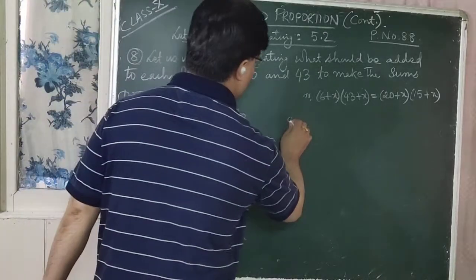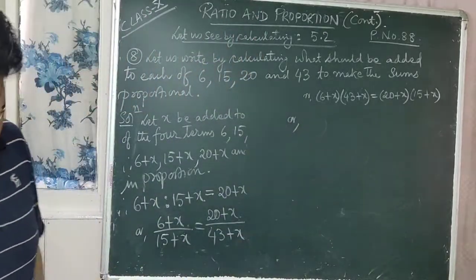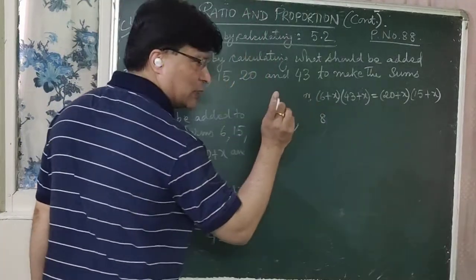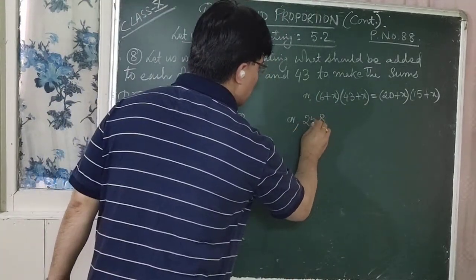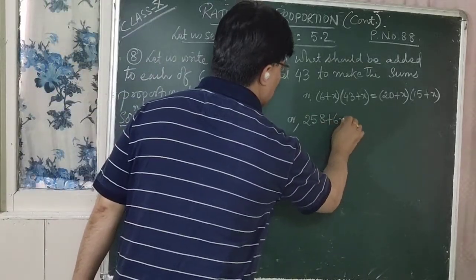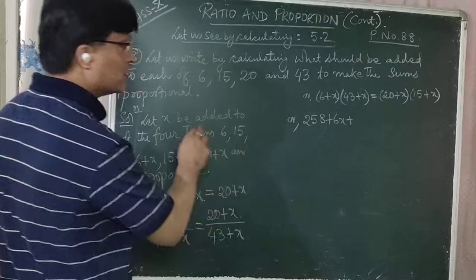Now multiply by 6 here. 6 threes are 18, plus 8, 6 fours are 24, plus 1 is 25, so 258, plus 6x. So 43 plus x is multiplied by 6.